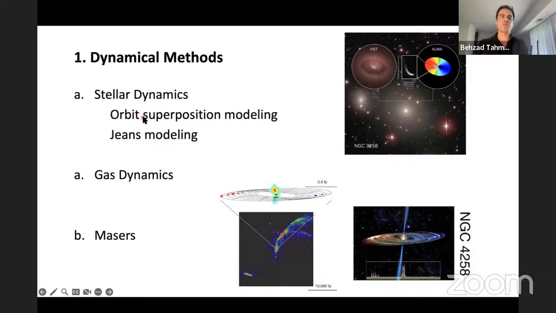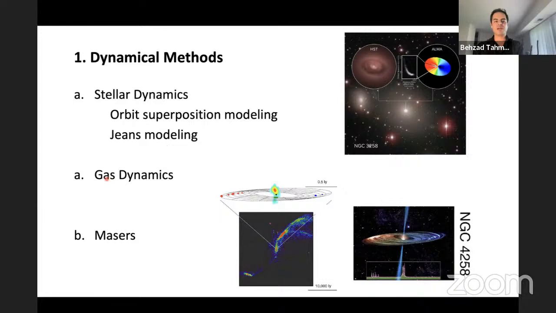One is orbit superposition dynamical modeling, which is based on the possible orbital configurations that can map the data, both kinematic and photometric. Another method is Jeans modeling, which is based on the Jeans equation that relates the observed velocity dispersion to the stars from which we get the gravitational potential.